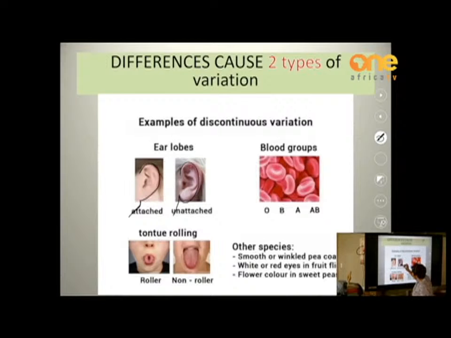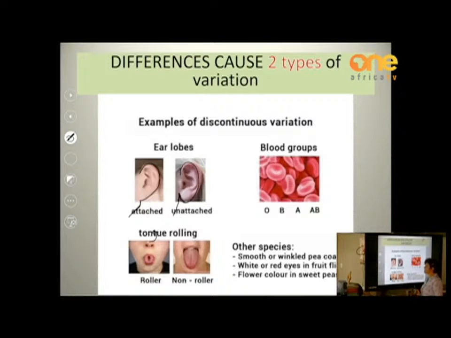So we say these are unattached and these ones are attached. If your ear is not linked to your face, that is unattached ear lobes. Then tongue rolling or not. I wonder how many grade 12s can roll their tongues and how many cannot.